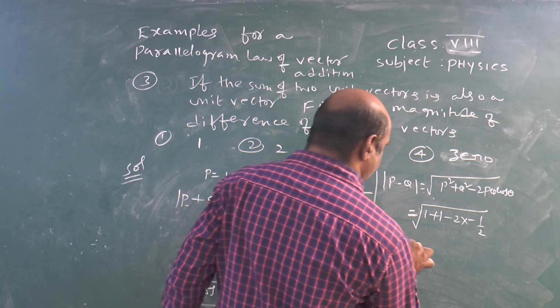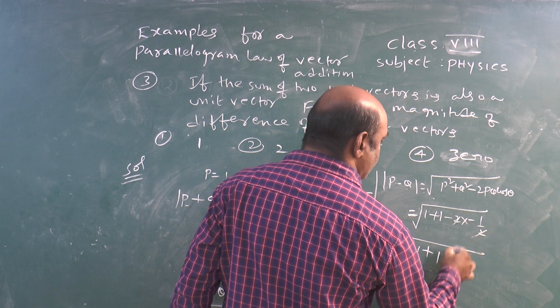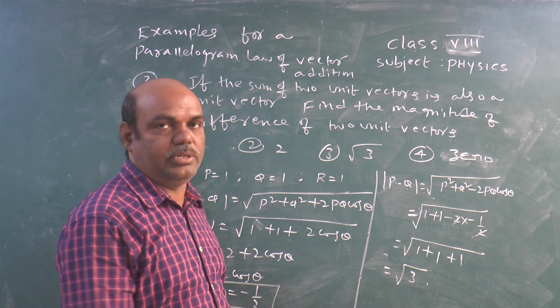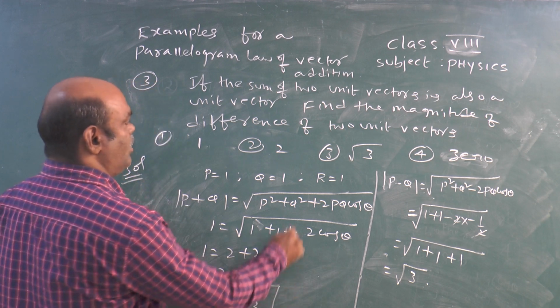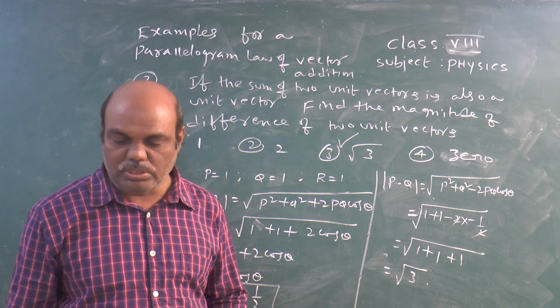So square root of 1 plus 1, and minus into minus gives plus 1. So our answer is root 3. So the third option is correct. Okay. Thank you.